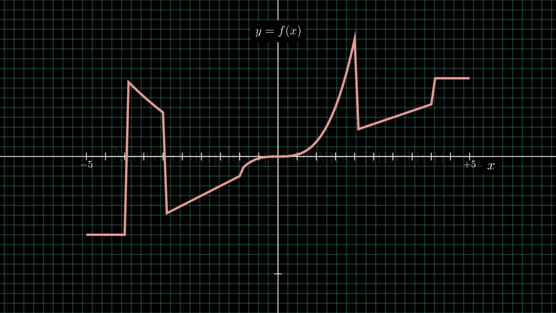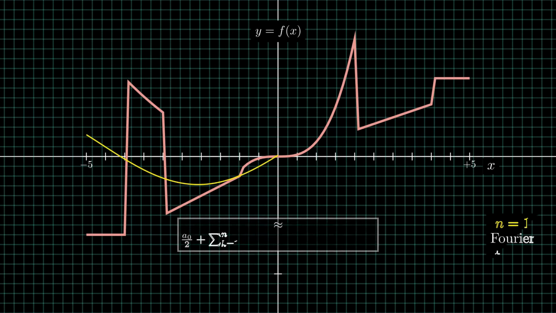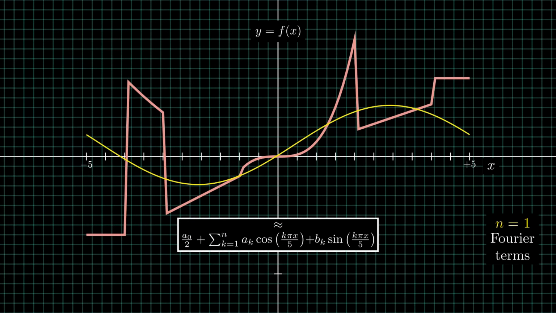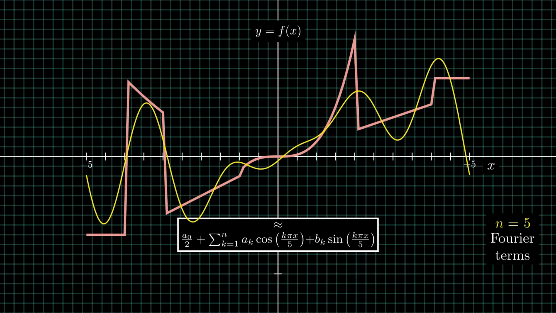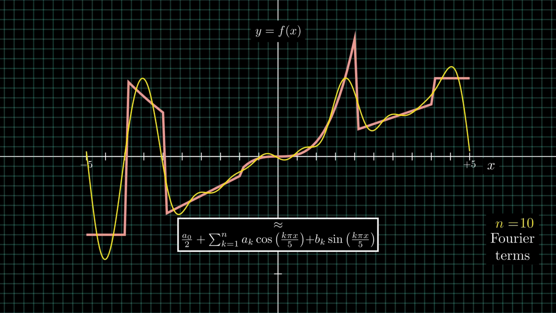This is an example of more arbitrary piecewise continuous function. The interval is from -5 to 5. You can see the Fourier series approximation here as the number of sine and cosine terms increase. The series converge to the piecewise function.